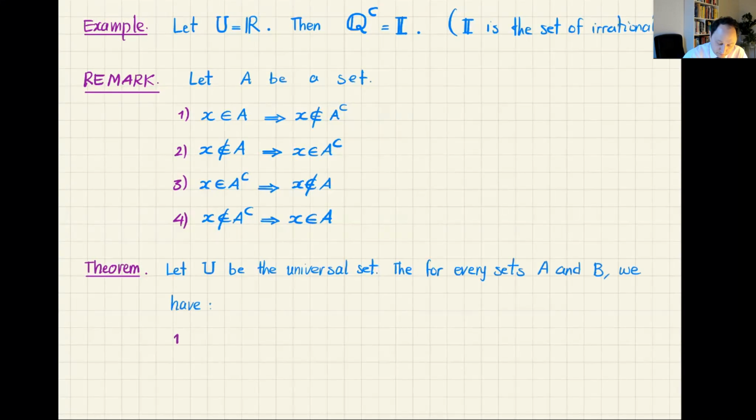Number one, if I ask you, by the way, what is the complement of the universal set? What's the answer? What is the complement of the universal set?